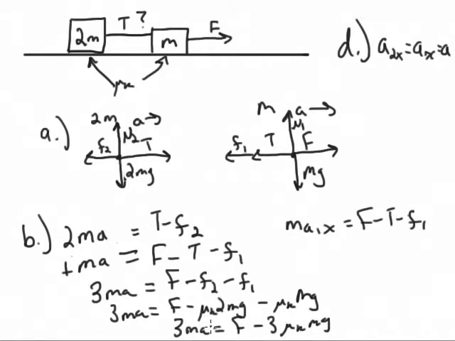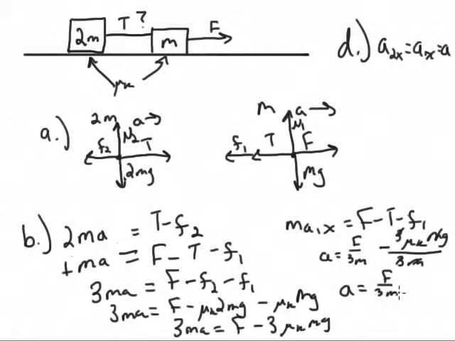We can now solve for A, so dividing by 3m, we'll get A is equal to F over 3m minus 3 mu k mg all over 3m. The 3's will cancel here as well as the m's, so we'll get A is equal to F over 3m minus mu k g.